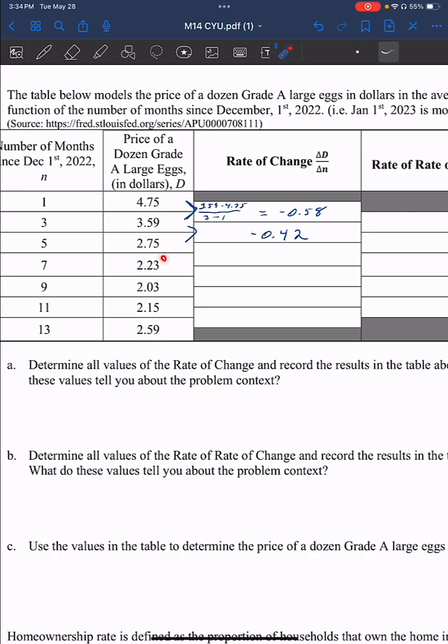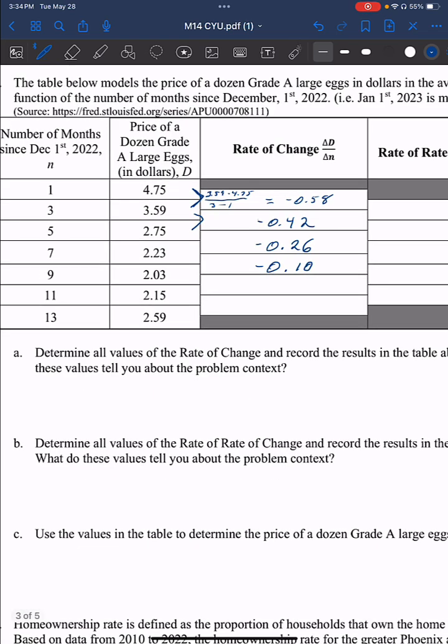When I continue on, I take this output 2.23, subtract 2.75, divide by 2, and I get a rate of change of negative 0.26. And you might be noticing here the price of eggs is dropping by a smaller and smaller amount as the months go on. Here it's dropping by 10 cents a month.